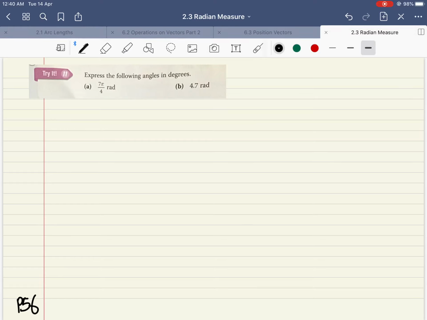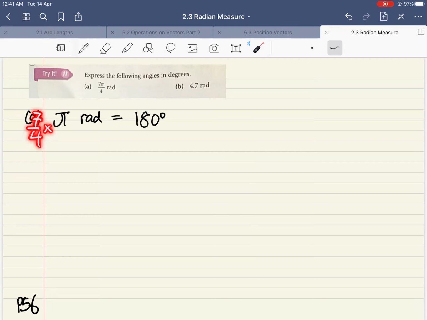And still on page 56, I am on Try 11 now. So 7 pi over 4 radians. In this case, if you recall, we know that pi radians is equal to 180 degrees. So how do I get 7 pi over 4 radians?